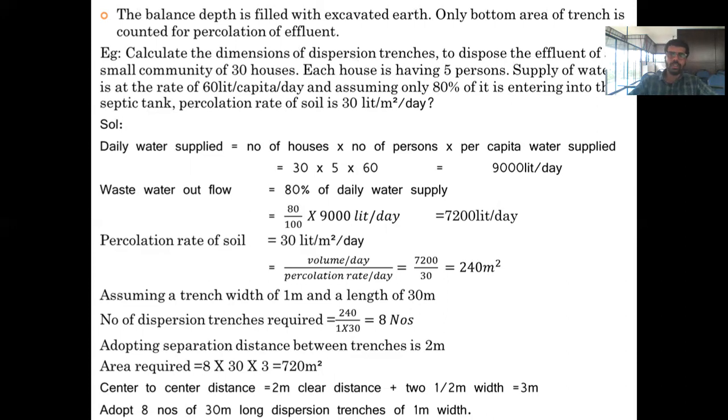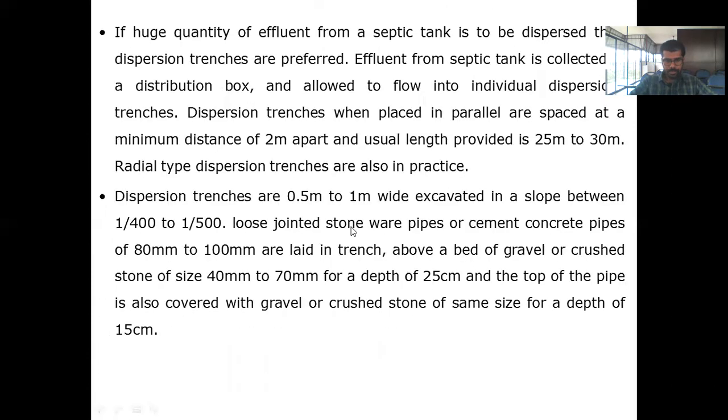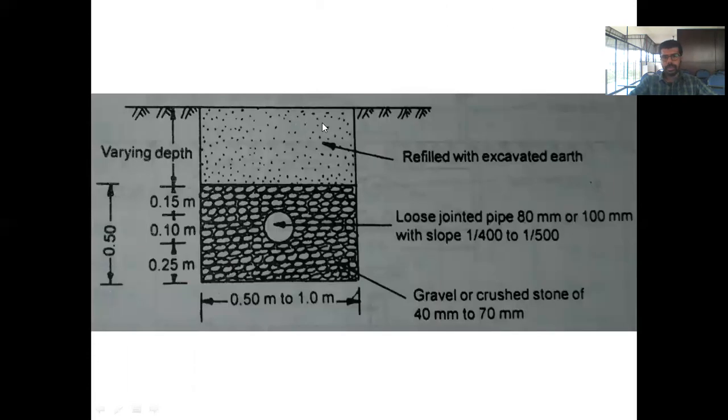So you can see here, this is filled with the excavated earth, right? So this area we are not regarding. We are taking care of only this bottom area. This area we are skipping, because the effluent is not percolated towards this side.